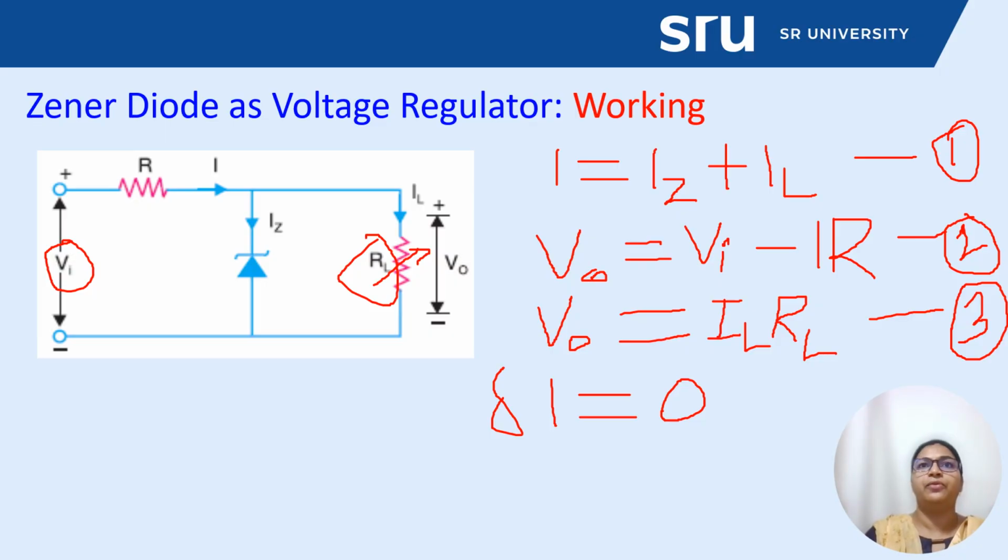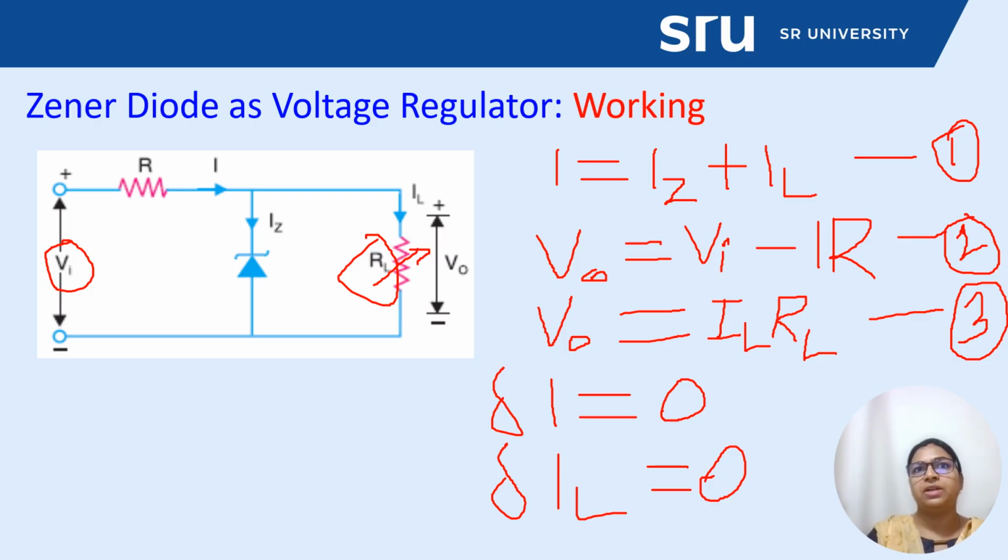Now in the next step, if RL is constant and our input is varying, from equation 2 again, delta VI is equal to R delta I. From equation 3 we can write delta IL is equal to 0. That means delta I is equal to delta Iz.